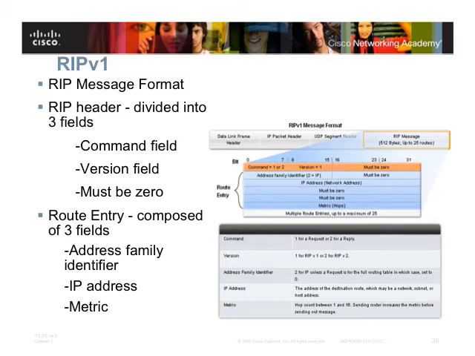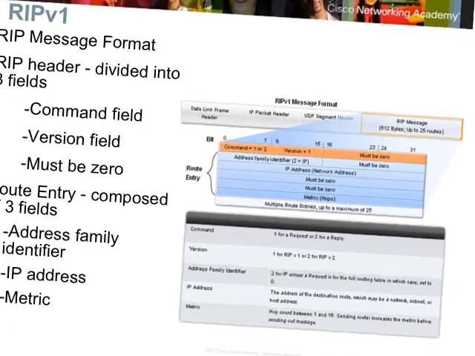And then when I receive this message update, I process it and I update my routing table accordingly, okay. So this is the format of the update message, and RIP uses a message with, of course, a header and a route entry.